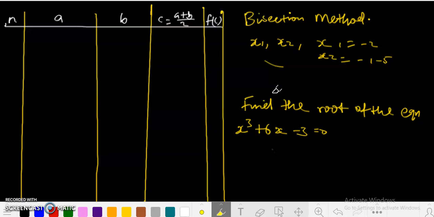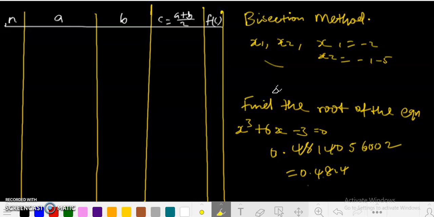The root of this is going to be 0.48140560002. So this means that the root of the given equation will be 0.4814 if we evaluate to four decimal places.